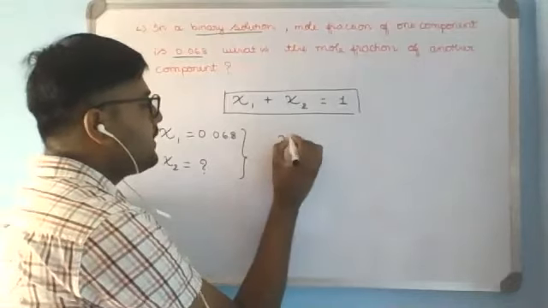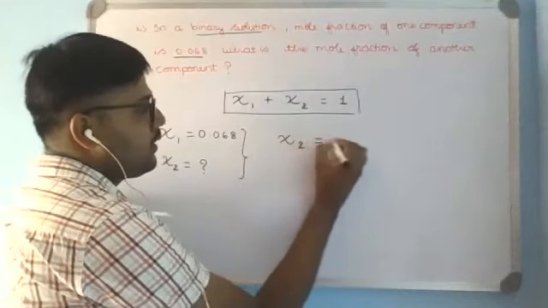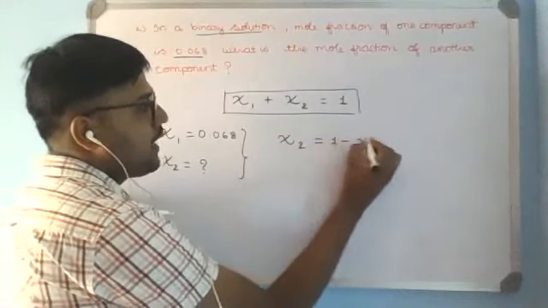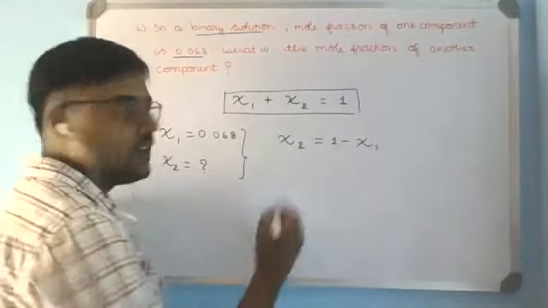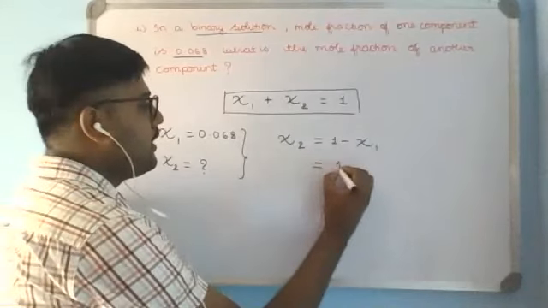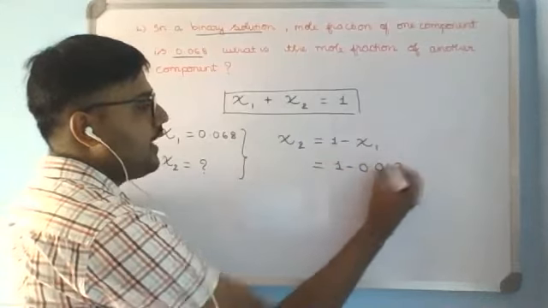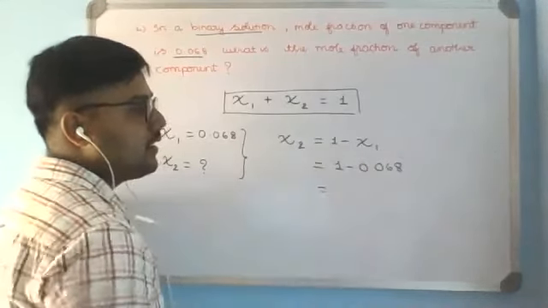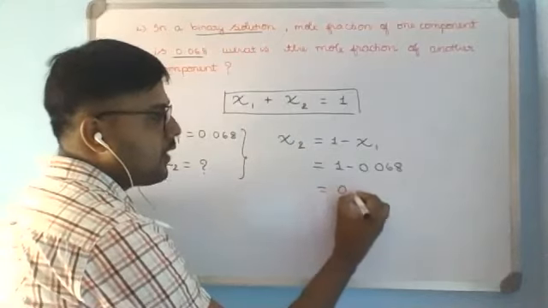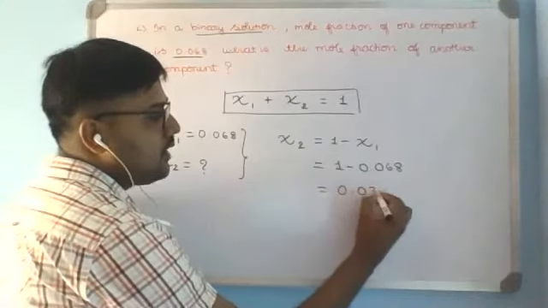Now if we rearrange for mole fraction of 2, it is 1 minus mole fraction of first component, which is equal to 1 minus 0.068.